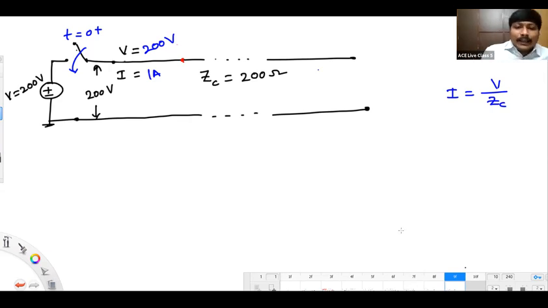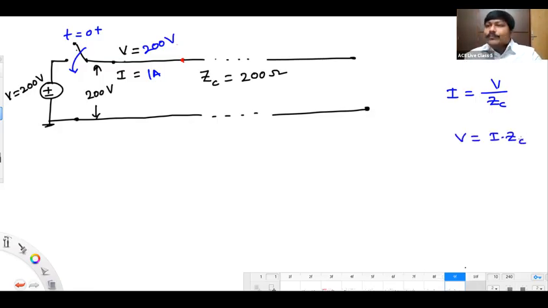If you talk in the propagating way, just listen. First we injected 200 volts. How much current is getting created? V by ZC, so 200 by 200, 1 ampere. Then because of that 1 ampere, how much voltage is getting created?